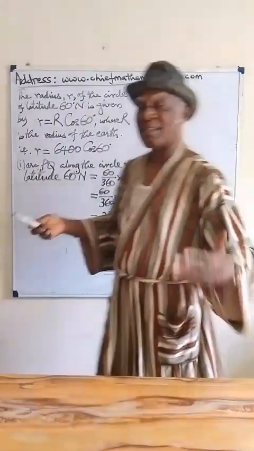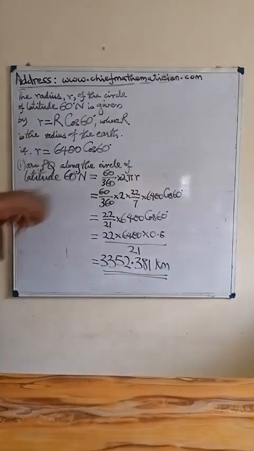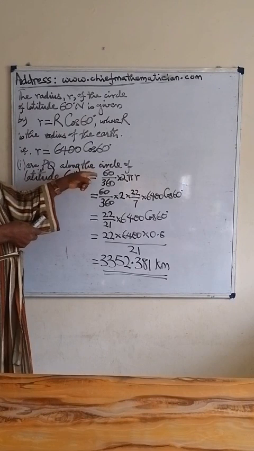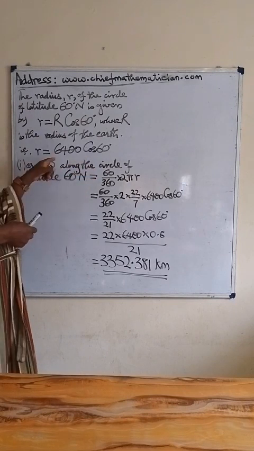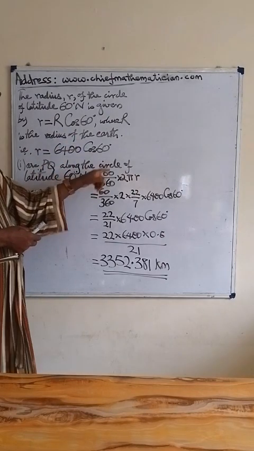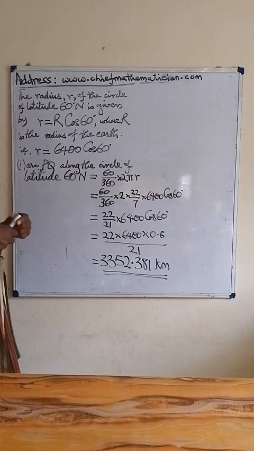Already we have seen that this is the formula we use to calculate the length of arc or the distance between two places on the same circle of latitude and different lines of longitude. The angle which the arc subtends at the center of that latitude over 360 multiplied by 2 pi r, where this r is the radius of that circle of latitude.